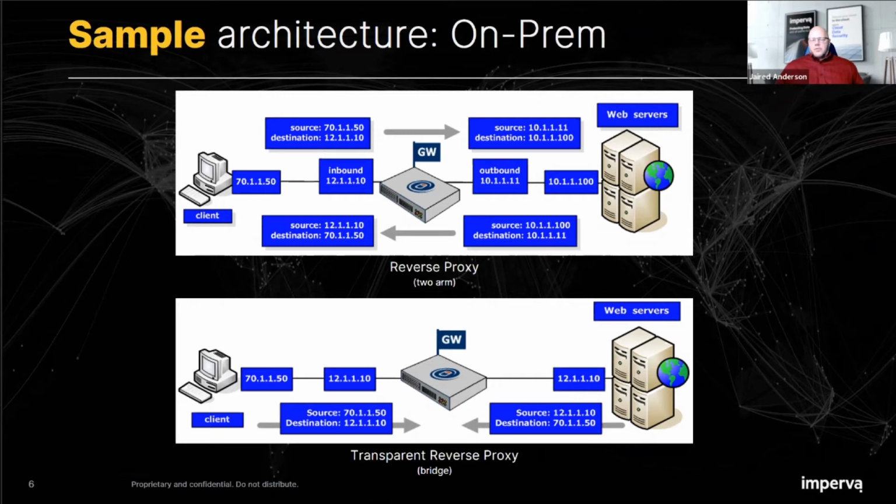The simple way to remember this, moving forward with the new nomenclature in version 14, is that advanced bridge is TRP and KRP is NGRP, or next generation reverse proxy. What advanced bridge does is it's actually a version of next generation reverse proxy running on top of bridge mode, operating in the same manner that transparent reverse proxy does.